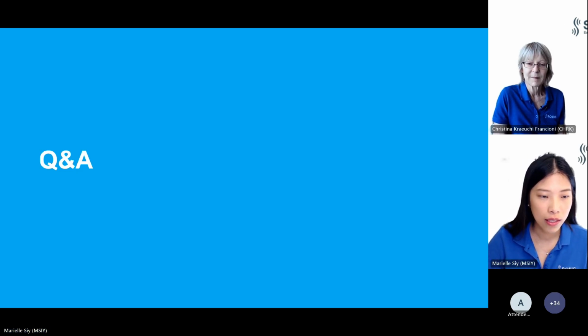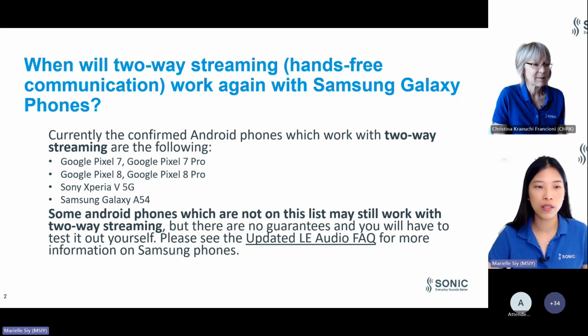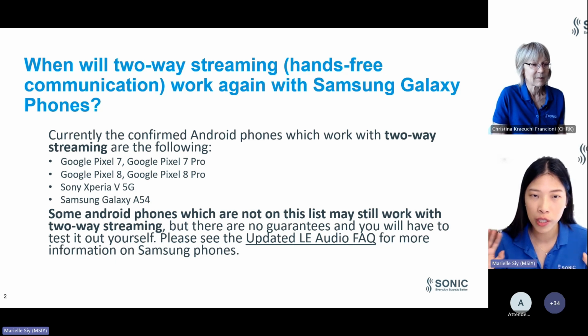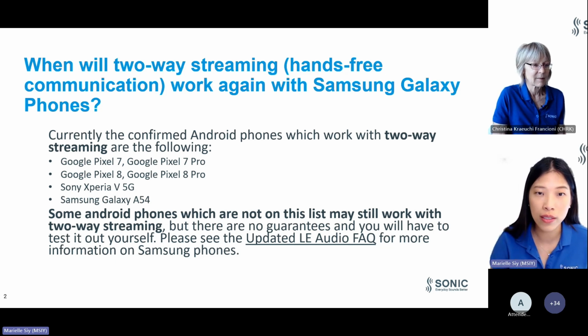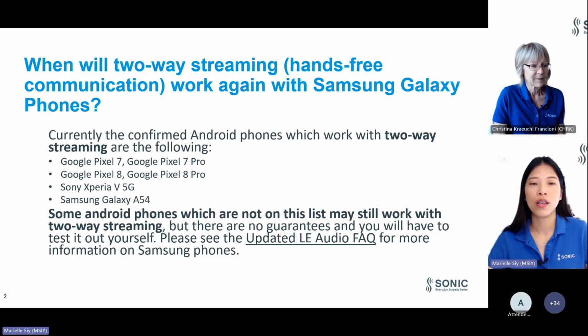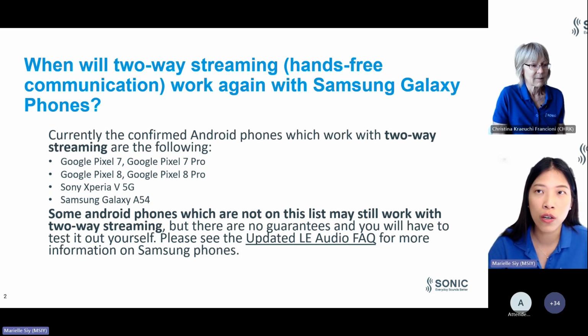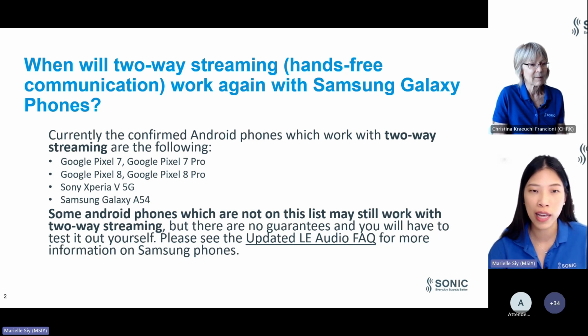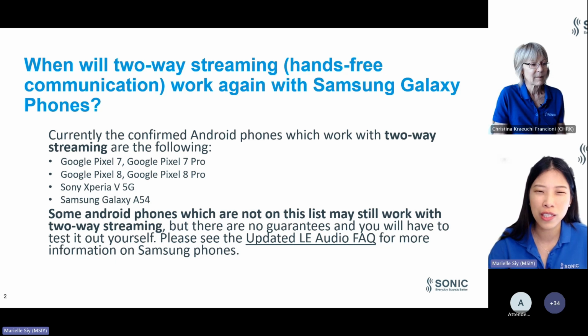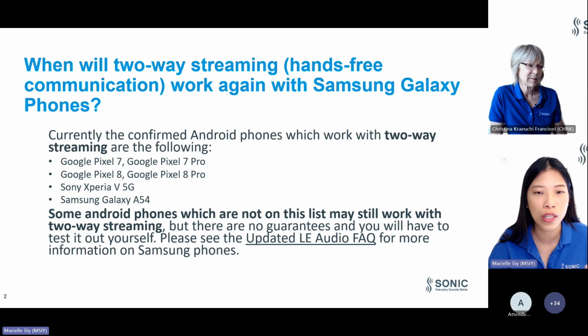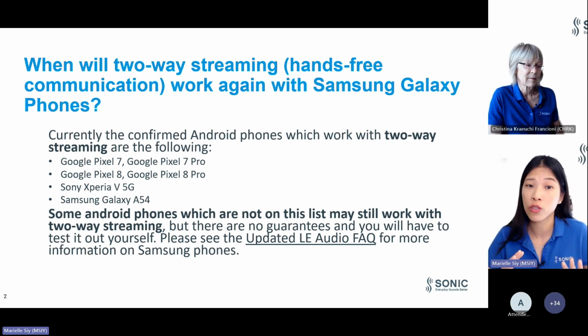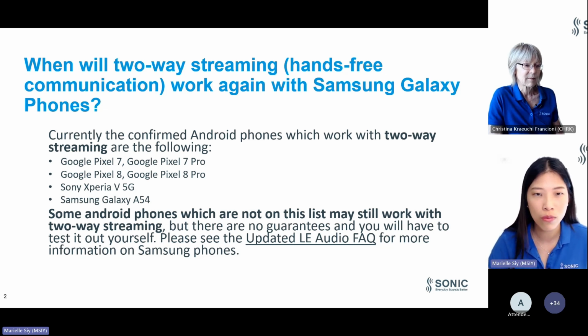Okay. So going to the first question, when will two-way streaming or hands-free communication work again with the Samsung Galaxy phones? If some of you are already trying out the Sonic A1 hearing aids with your Samsung Galaxy phones, I think some of you have experienced issues, particularly if you have a Samsung Galaxy S23 or S24, which initially worked well, but has since had issues sometime in March, April.